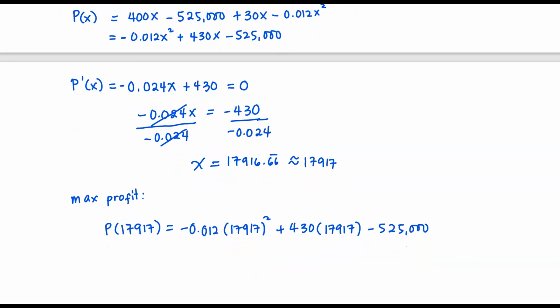Plugging this into your calculator, you get 3,327,083.332. So that means the maximum profit is about $3,327,083.